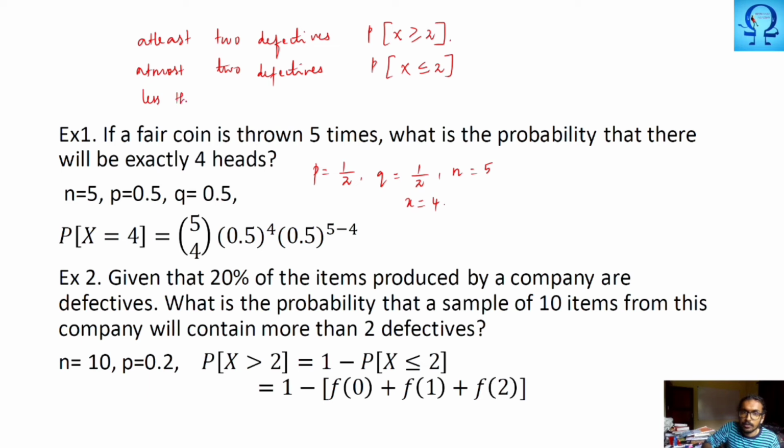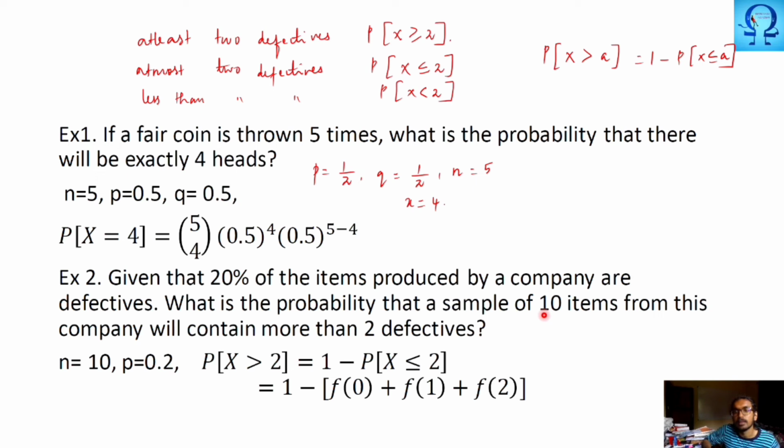Less than 2 defectives means probability of x less than 2. And remember, we know that the total probability is 1. Suppose you have to calculate the probability of x greater than some a, it is 1 minus the probability of x less than or equal to a. Using this, the probability of x bigger than 2 can be written as 1 minus the probability of x less than or equal to 2.